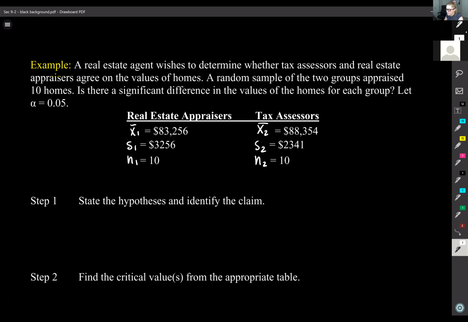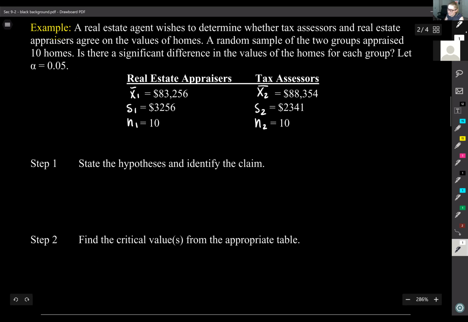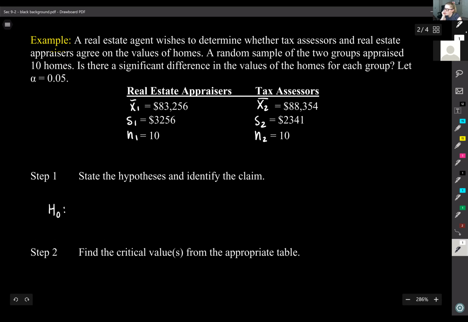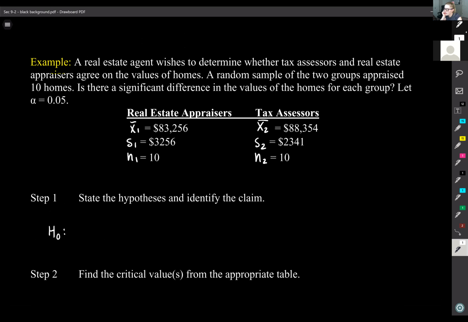Okay, so our first step is to state our hypotheses and identify which one is our claim. This will look slightly different than when we've been doing our null and alternative hypotheses in the past, but it's not too different. Our null hypothesis is going to be that the two population means are equal. That's because it says a real estate agent wishes to determine whether they agree on the value of homes.